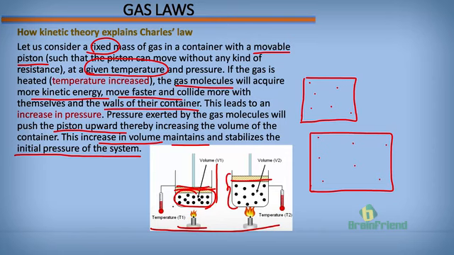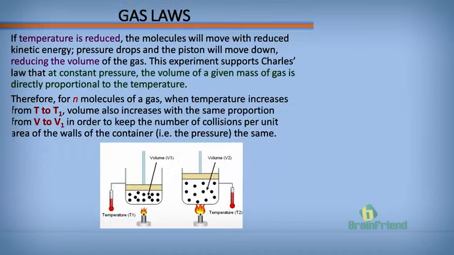So even if the pressure increased due to the increase in temperature, the increase in volume brought about when the piston moved up helped to bring back that pressure to the initial pressure, so that pressure remained constant. So that is why we say that pressure is still constant.